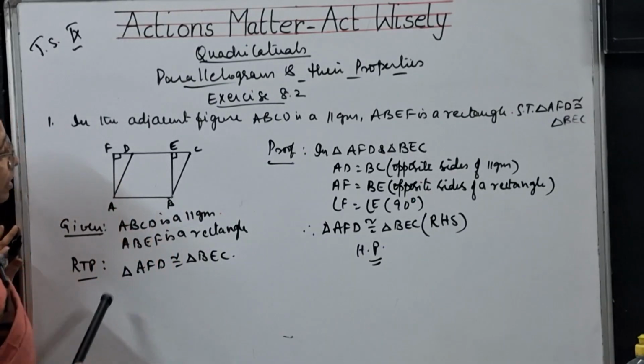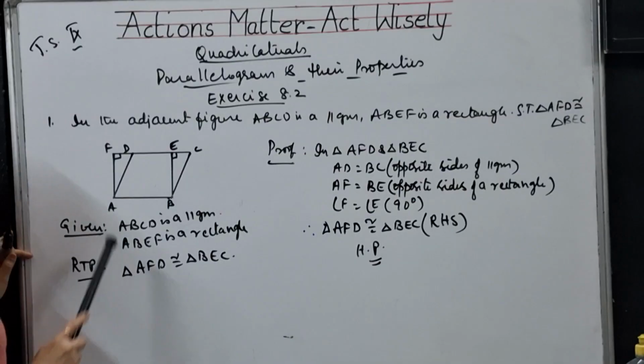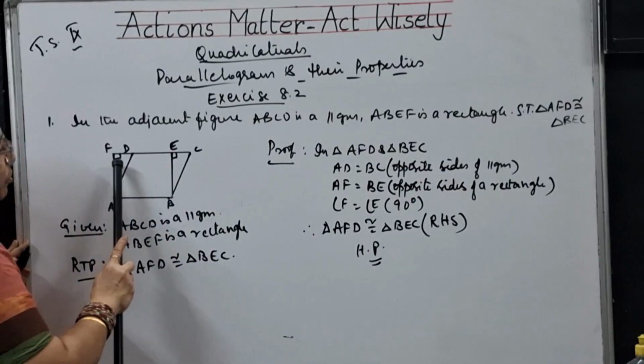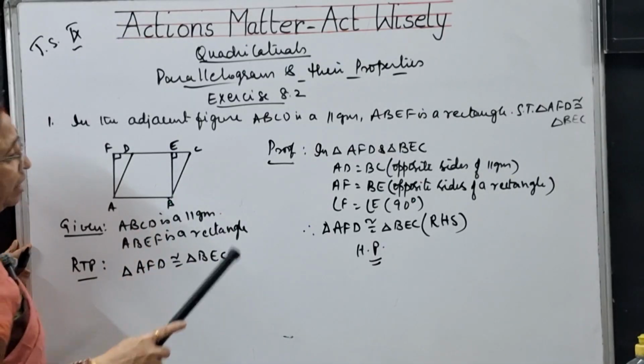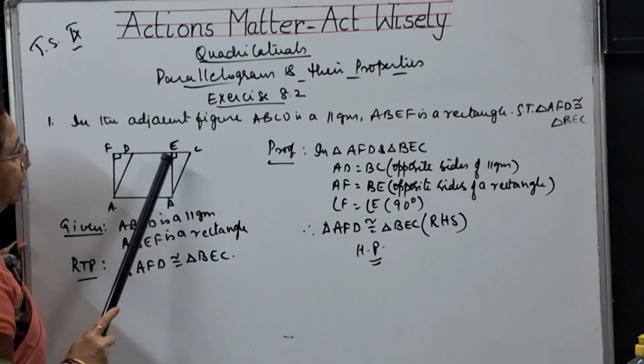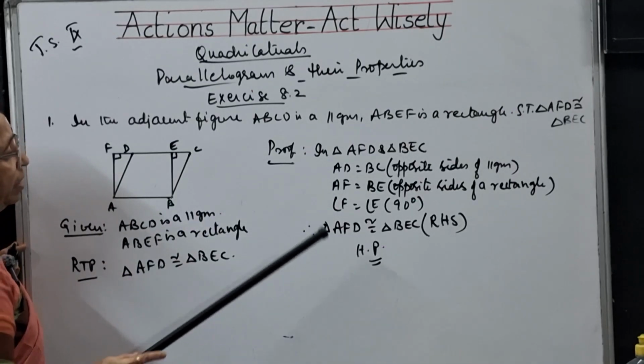AF is equal to BE, also opposite sides. Angle F is equal to angle E. They are angles of a rectangle. We know in a rectangle all the four angles are 90 degrees. So this is 90 degrees. Definitely this will also be 90 degrees.